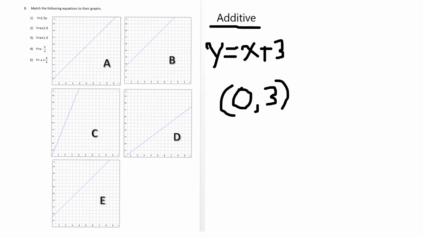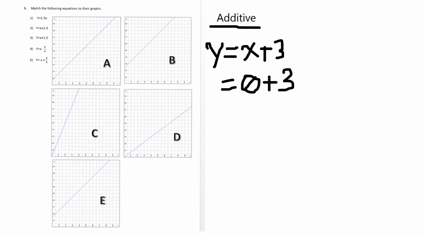In case you had trouble following that, let me show you how I got that. I substituted 0 for x, so y is equal to 0 plus 3, which is equal to 3. So when x is equal to 0, y is equal to 3.